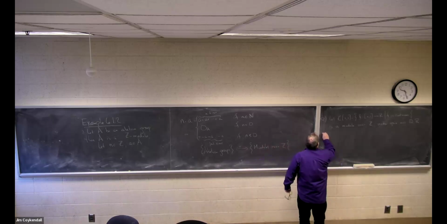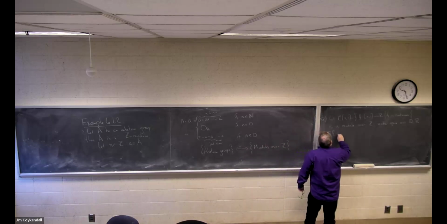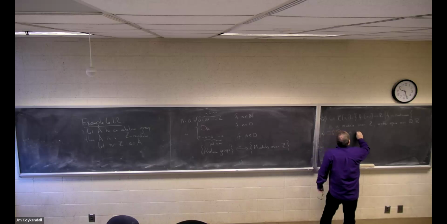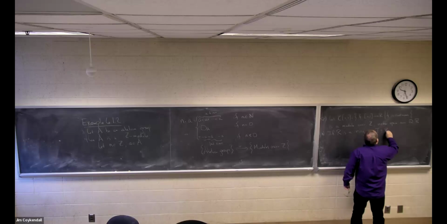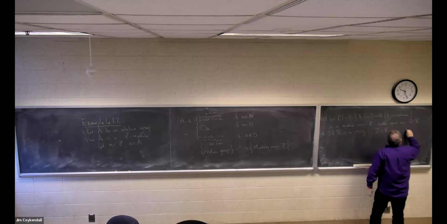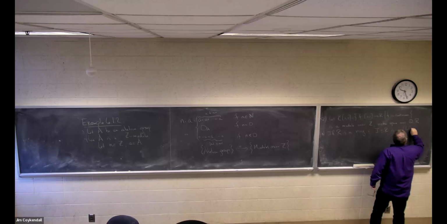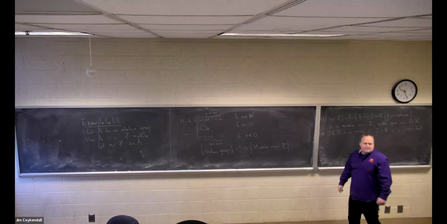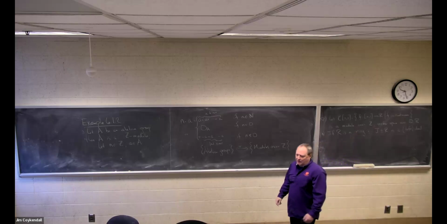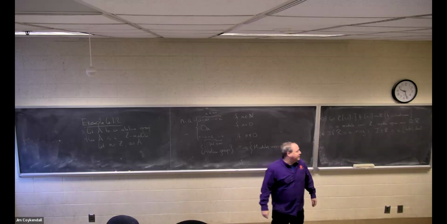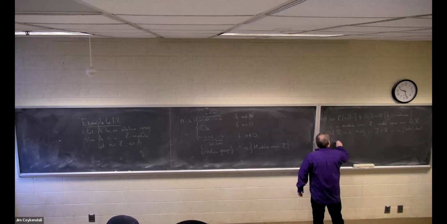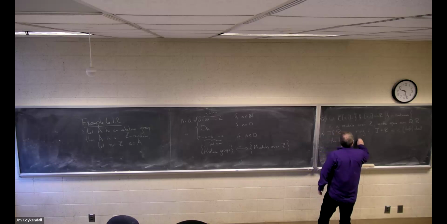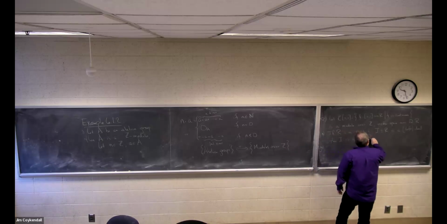Example three. If R is a ring and I in R is an ideal, or you might even forget that R is commutative and take I to be a left ideal, then I is a left R-module.